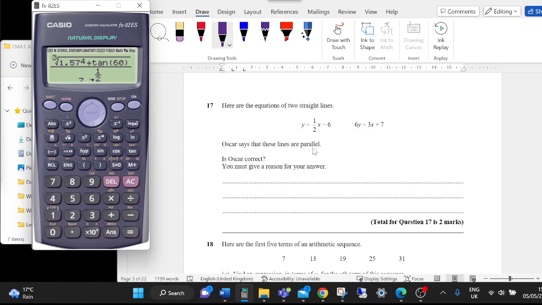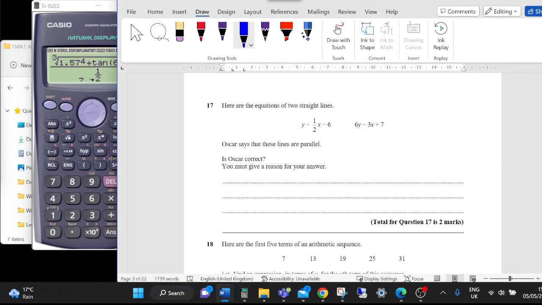Okay, question 17. Here are two equations. Oscar says these lines are parallel. I feel like there was an almost identical question earlier in the paper. Is Oscar correct? To do this, I would need to rearrange this equation. I know the gradient of this one is a half. The gradient of this one would be y is equal to a half x plus 7 over 6. So yes, they both have the same gradient of a half.